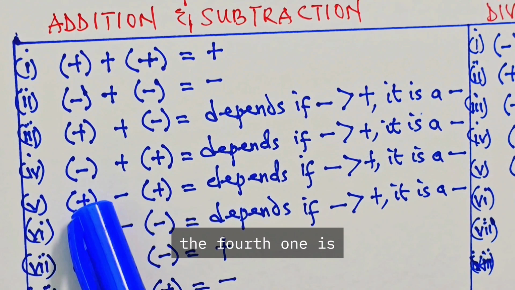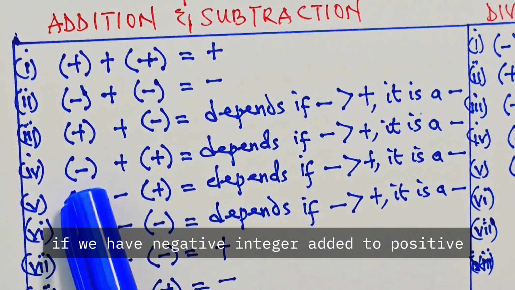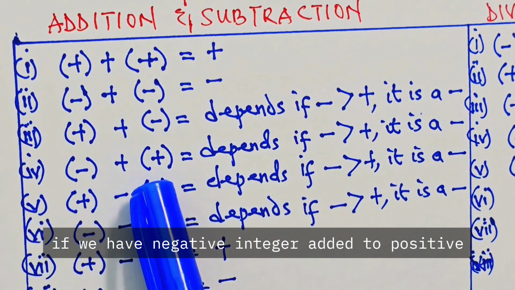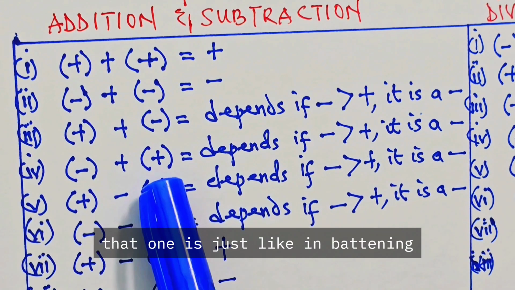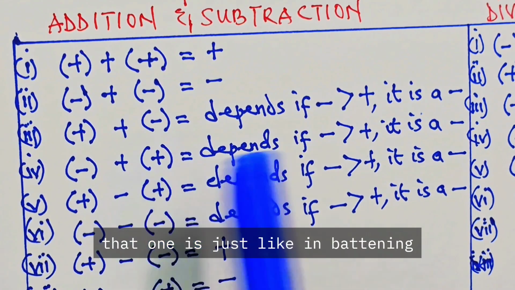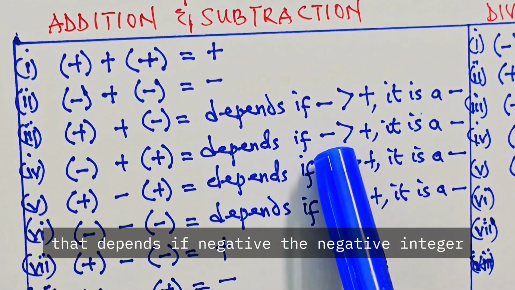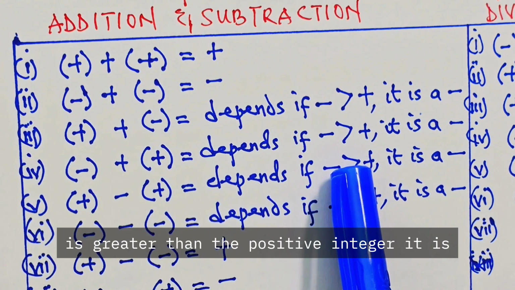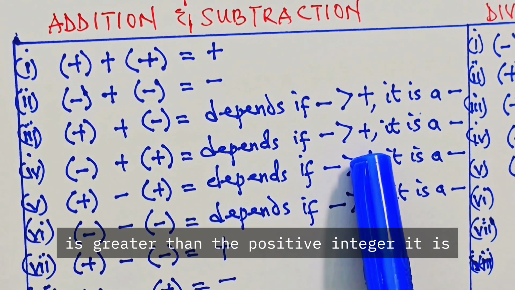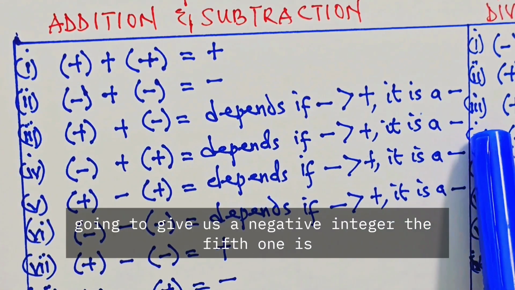The fourth one is if we have a negative integer added to a positive integer. You know that one is just like inverting it. That depends on whether the negative integer is greater than the positive integer. It is going to give us a negative integer.